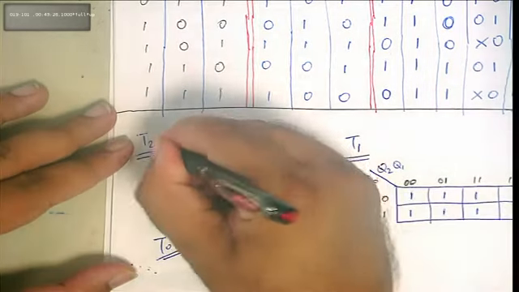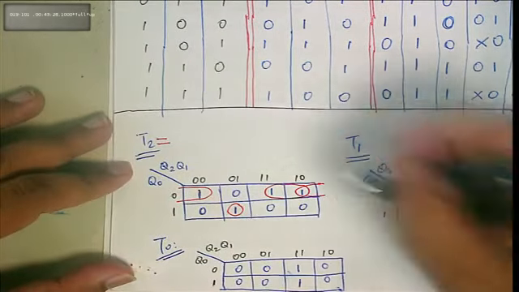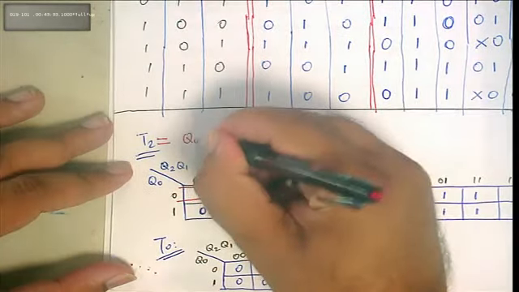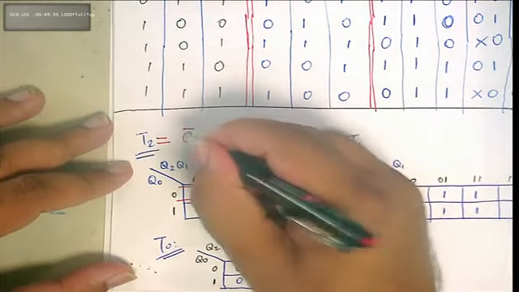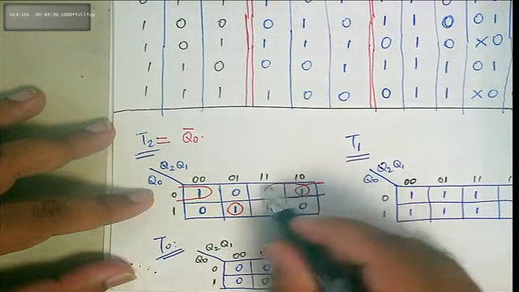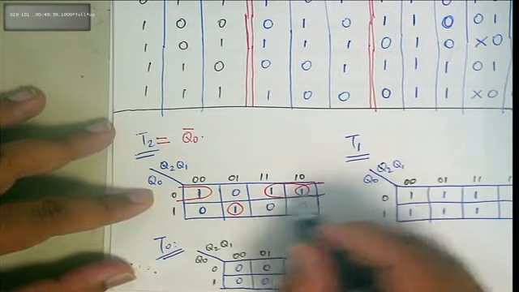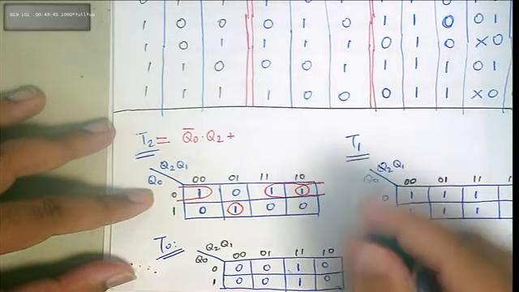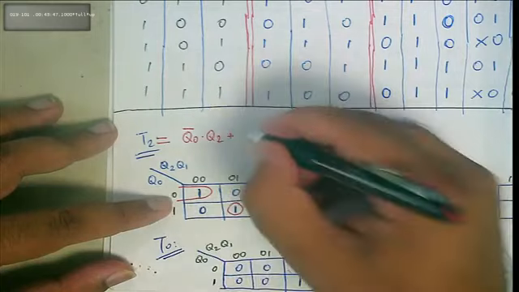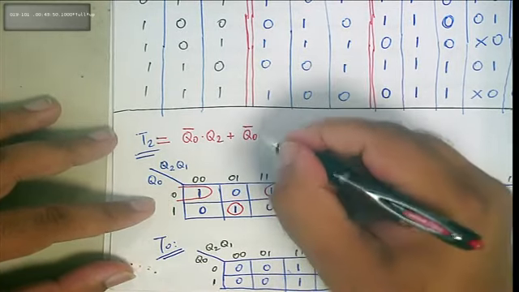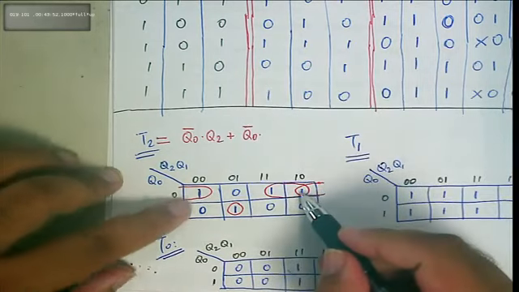Therefore, can you tell me what T2 is equal to? T2 will equal Q naught bar and Q2. Then this one, there will be Q naught bar again, Q naught bar, and what's these two over here?